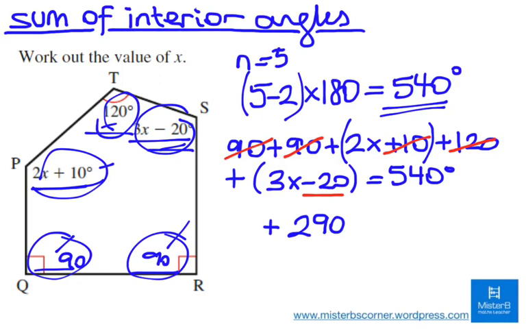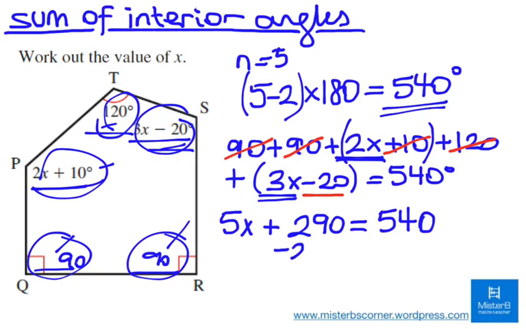When it comes to the x's, the unknowns, it's going to be 2x here and 3x here, so a total of 5x. So basically all the sum of angles here will simplify to 5x plus 290, which should be equal to 540. So this is the equation that we must solve here.